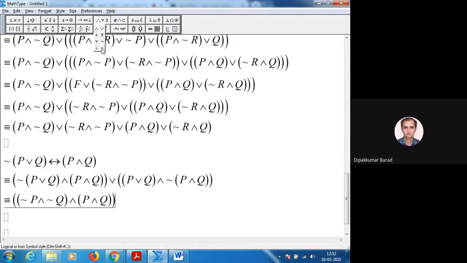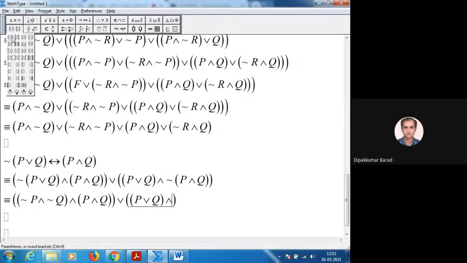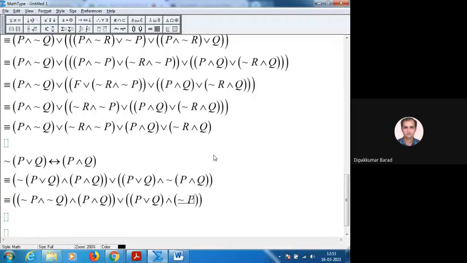Or now again, this is P or Q as it is. And now this negation P or negation Q. So this is the product of elementary sum.